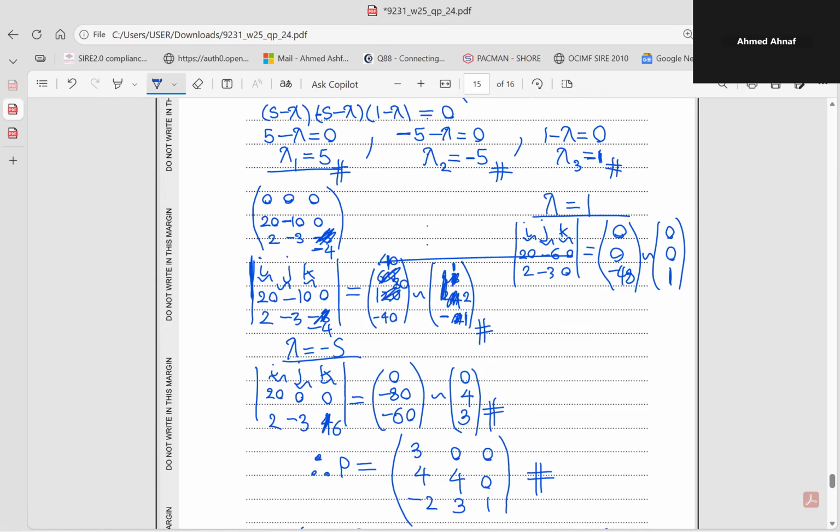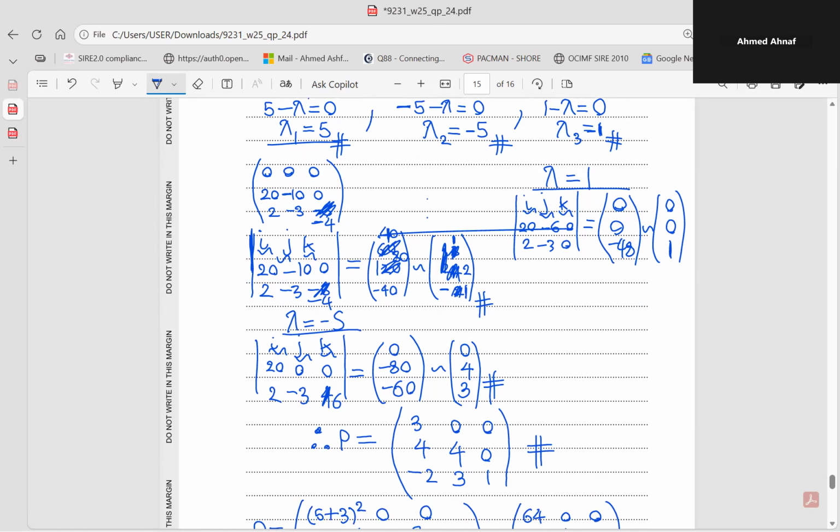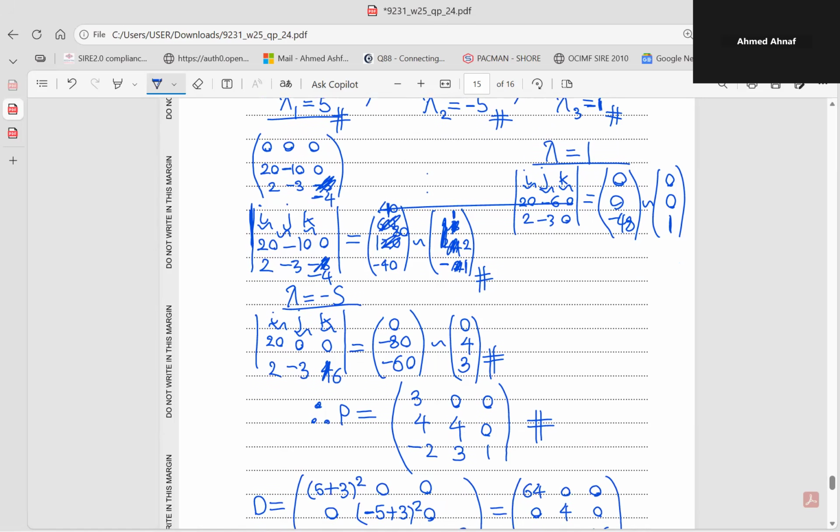Okay, and then for this, you're going to get 20, 0, 0, and for the second one, you get 2, negative 3, 6. So you get negative 60, negative 60, negative 120, and negative 40.